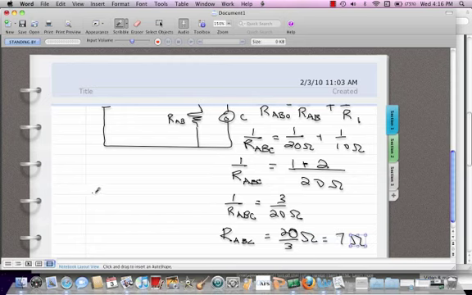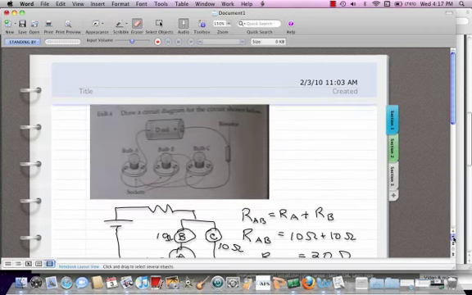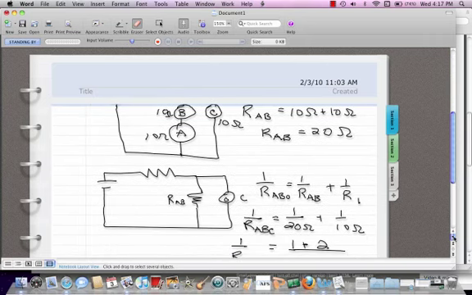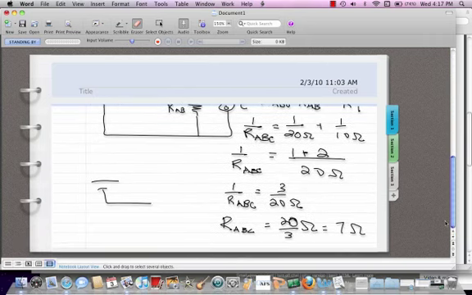Okay, so now my new circuit looks like this. I've got a resistor here and a resistor here. And this is my RABC. And let's give this resistance, say, 100 ohms.